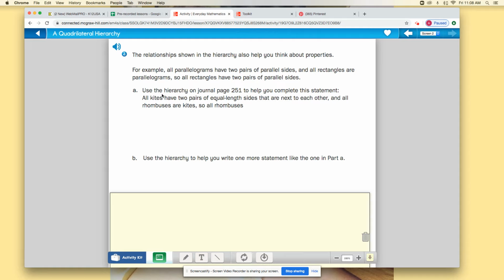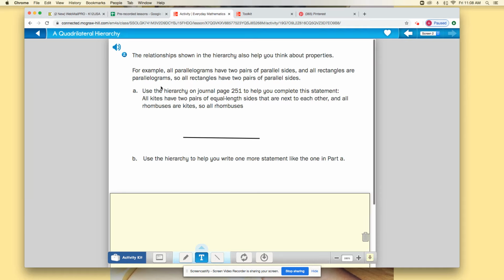Using the hierarchy on journal page 251, complete this statement. All kites have two pairs of equal length sides that are next to each other, and all rhombuses are kites. So all rhombuses are blank. I want you to think of that.